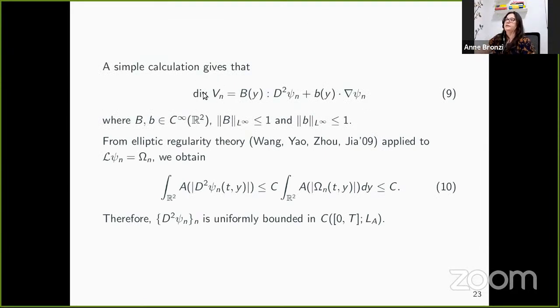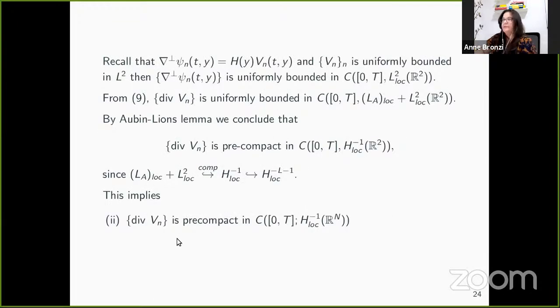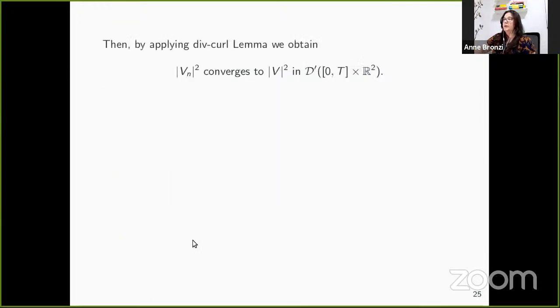You can write the divergence of Vn is not zero as in the real 2D case, but we obtain it in terms of the derivative of the stream function and the gradient of the stream function, and then we have the elliptic regularity theory for this Euler's space, and then we obtain the pre-compactness also of the divergence of the velocity.